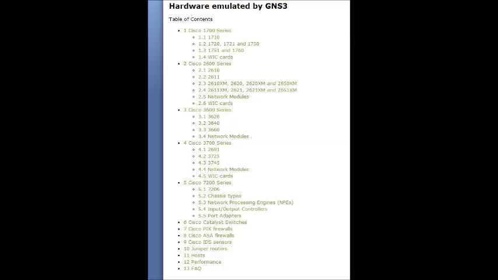Alright, so let's take a look at the supported hardware. You can see here they will support 1700s, 26s, 36s, 3700s, 7200s. As I mentioned earlier, 3725 is my preferred one. Make sure you're using the T version for CCNP level stuff because there's new commands that are out there. Supports Catalyst switches, very limited.